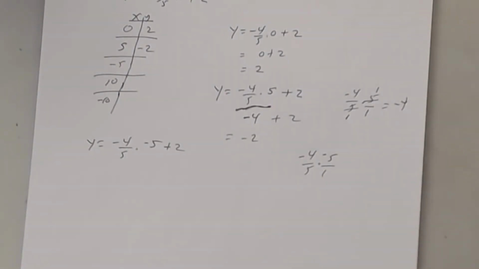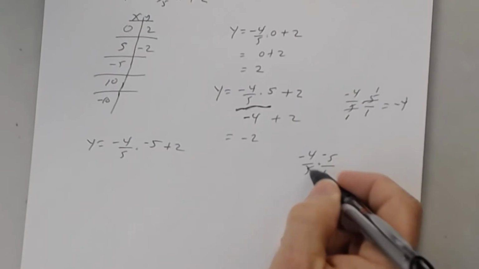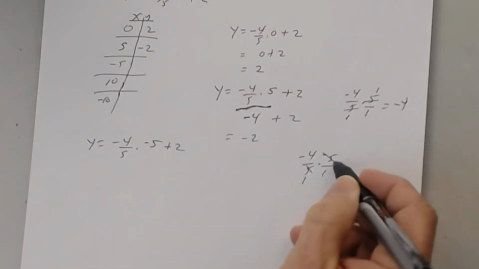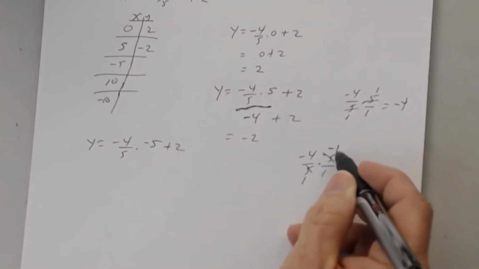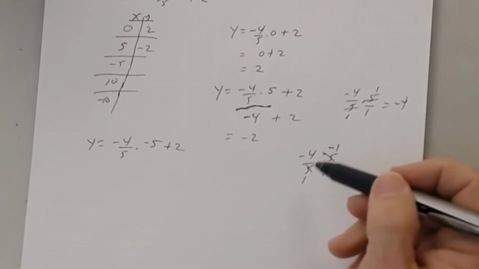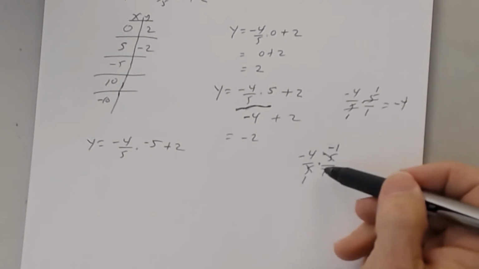Reduce first. The whole point of multiplying by a number divisible by 5 is to get this denominator to be what number? 1. 5 into 5 is 1. 5 into negative 5 is a negative 1. And now we multiply. I'm multiplying two fractions, right?